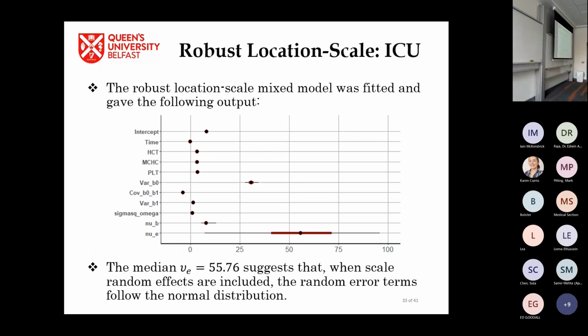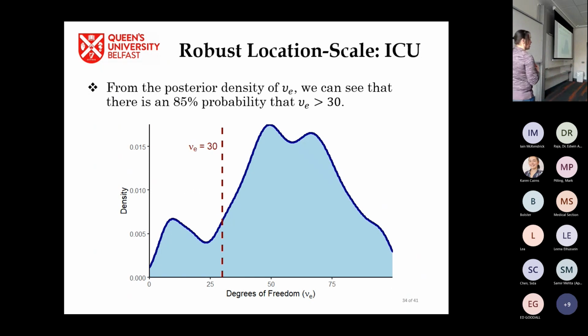If we focus on this parameter in particular, we can look at our posterior distribution, and we can see that for the new degrees of freedom equaling 30, there's an 85% chance that it's above 30. So there's no need to estimate this based on a t-distribution.